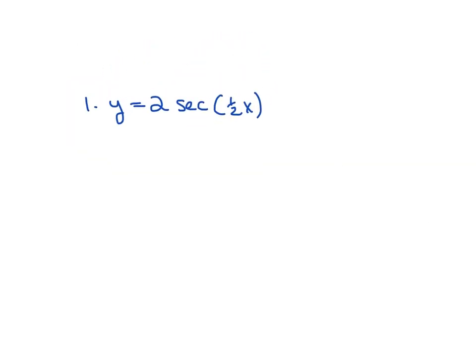So this one, notice it's got an amplitude. And it also has a speed change. Remember, when it's a fraction, this is going to be slower. It's going to take me longer to complete the cycle. Remember, you're going to take 2 pi and you divide it by this number.